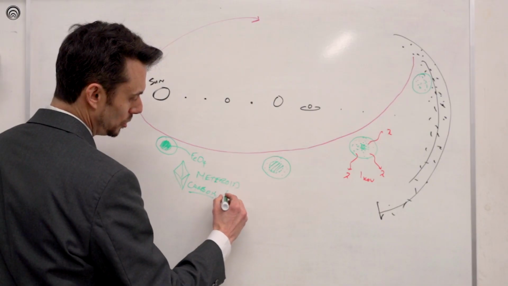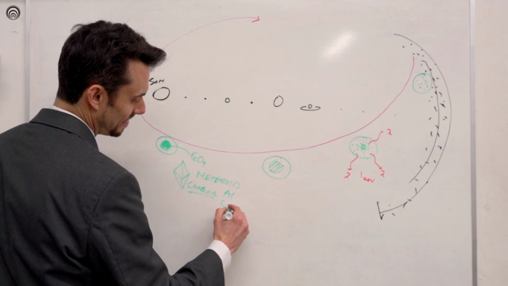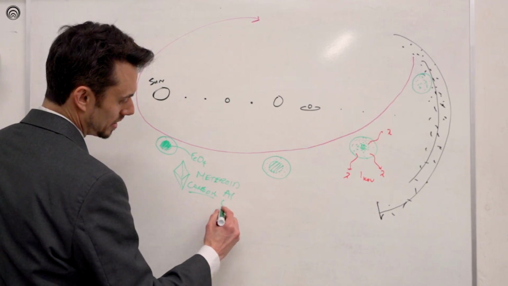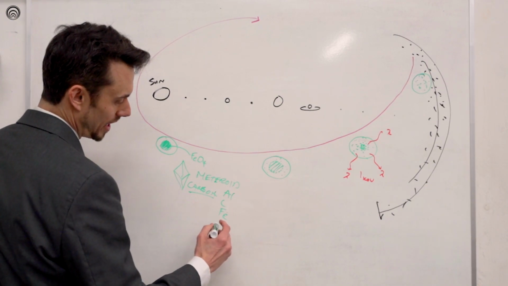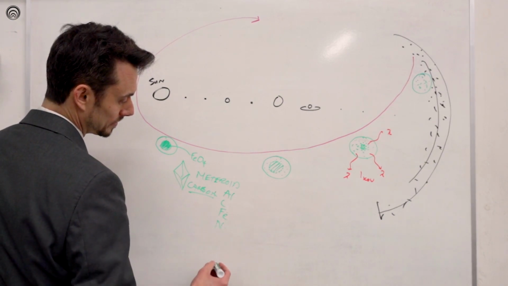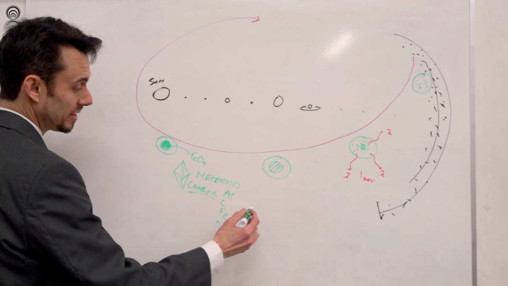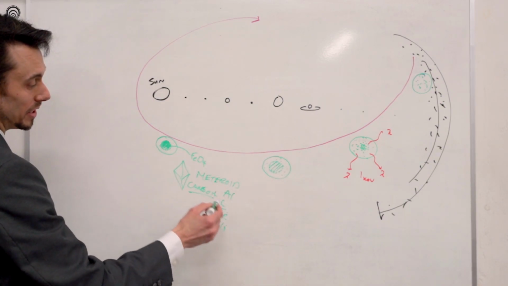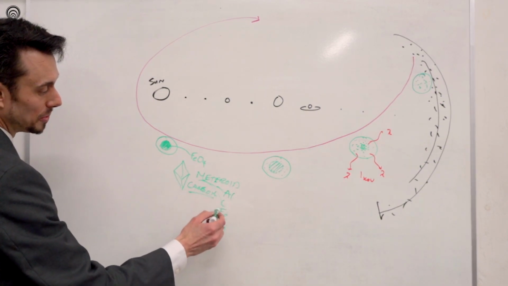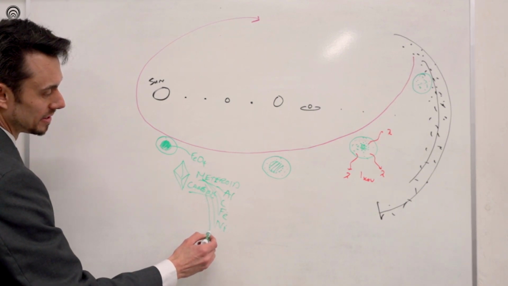And this is the definition of a meteorite. A meteorite is aluminum, carbon, iron, and nickel. So as it's falling into the gravity well, it's transmutating into these elements, and that's what a meteorite is.